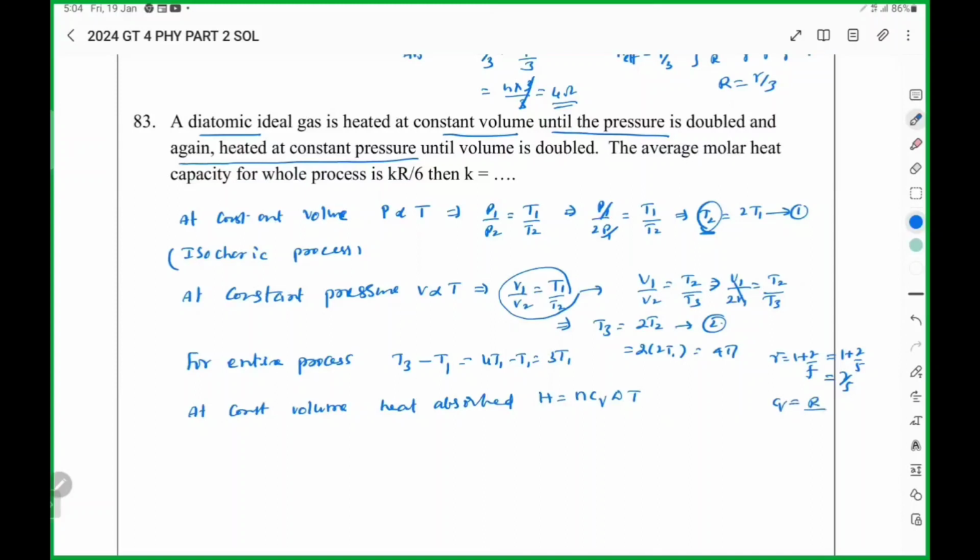Cv is R by gamma minus 1, which is 7 by 5 minus 1, that is 5 by 2 R. Delta T for the first process is T2 minus T1. So it is 5 nR by 2 into T1.